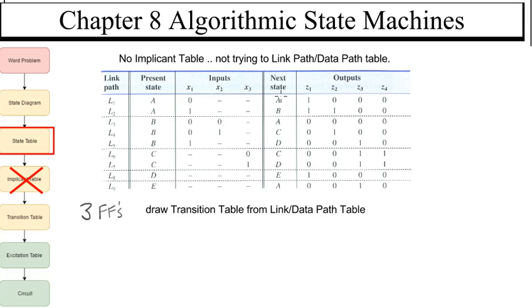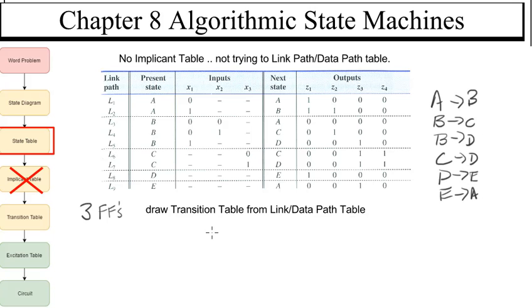Now we need to go from state A to state B. We need to go from B back to A, that's redundant. B to C, and B to D, C to D. So these are all the 1-bit changes we want. D to E, and E back to A. So A just has B and E next to it.